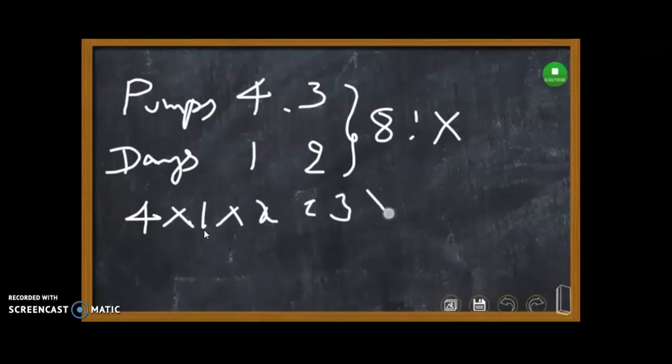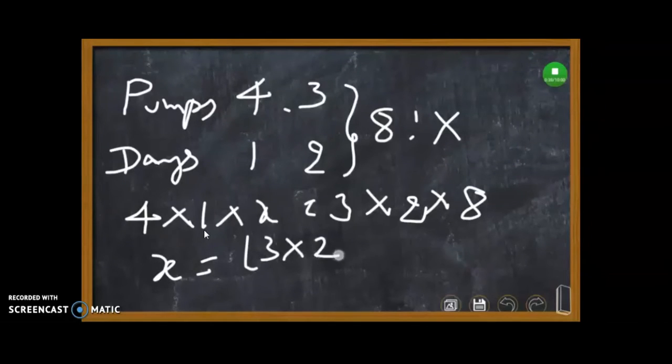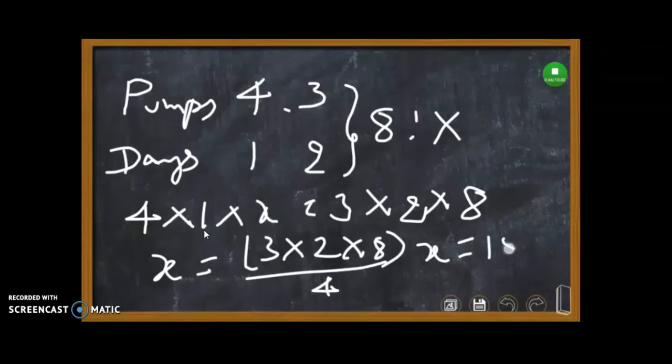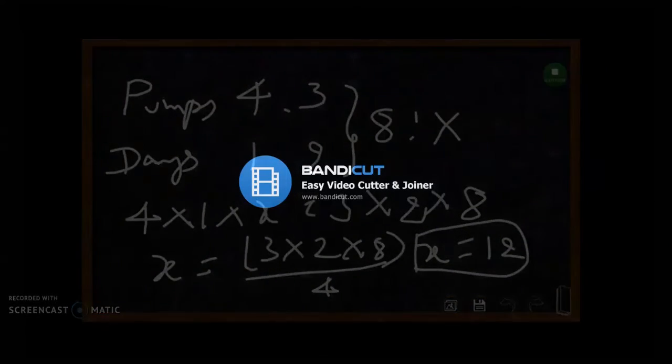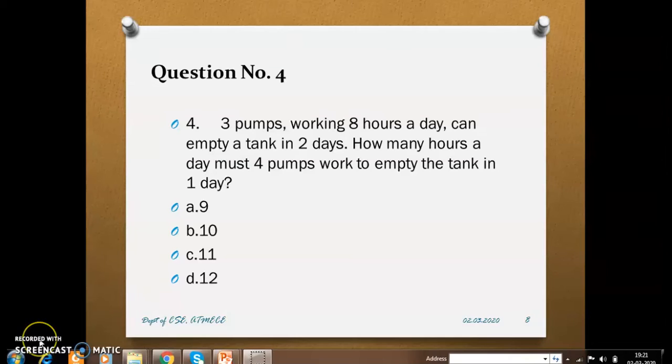Multiply the values, we get 4 into 1 into x, that is equal to 3 into 2 into 8. So x is equal to 3 into 2 into 8 divided by 4. Multiply, we will get x is equal to 12. So the answer for this question is option number D, that is 12.